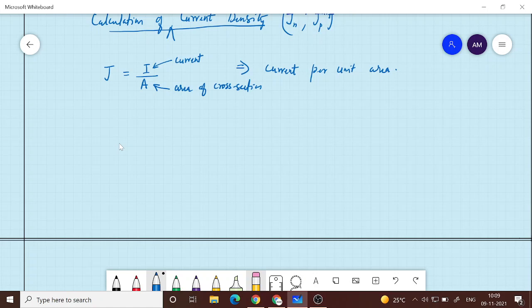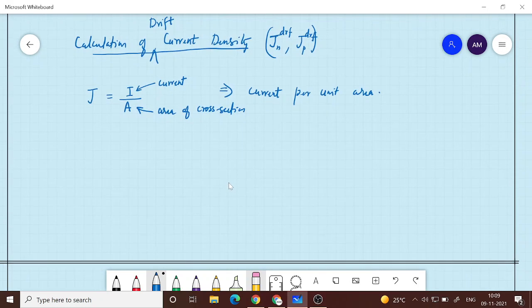For example, Ohm's law, everybody knows that you can write it as V is equal to some constant R into I. The same Ohm's law you can write in terms of current density as, instead of voltage we write electric field, and here we will write rho instead of R, that is resistance is replaced with resistivity, and instead of current we will have J. So these are analogous.